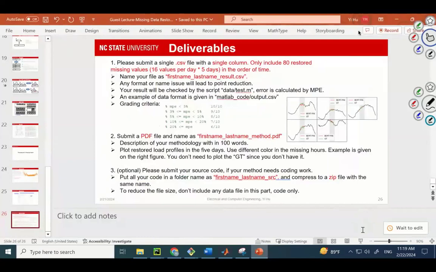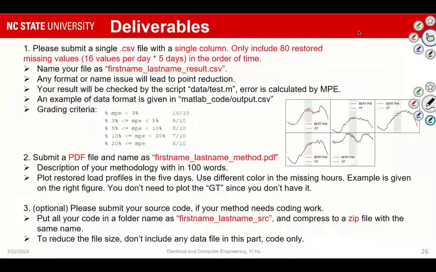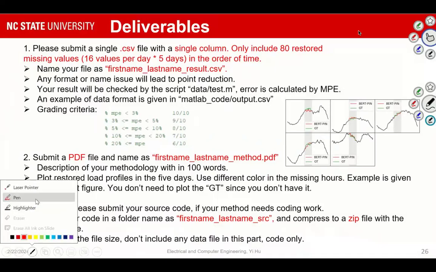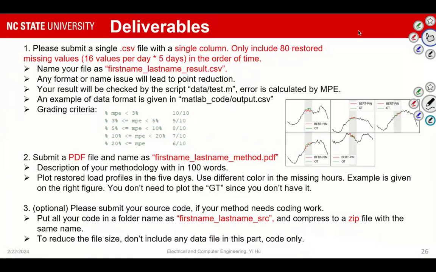Okay, the next thing important. This is really important. You need to take care of it. You need to submit two or three things. The first one is the data file. This is your result. You have 16 for the first day, and 16, 16, 16, and you need to form it in this way into one.